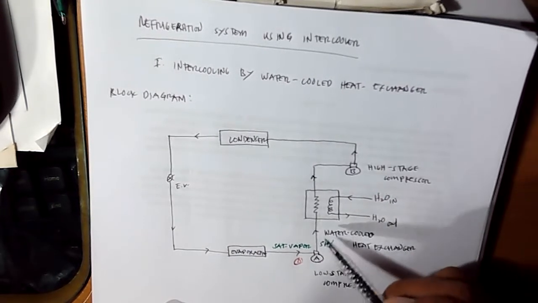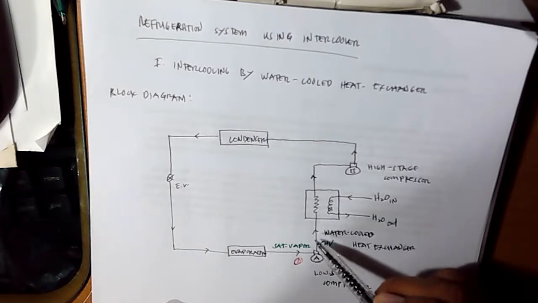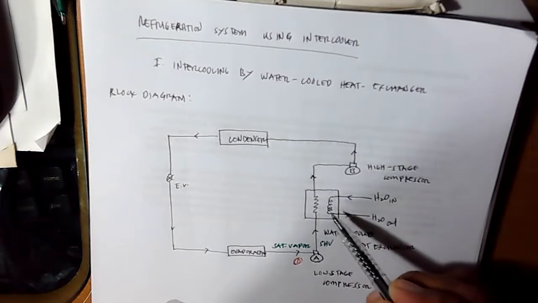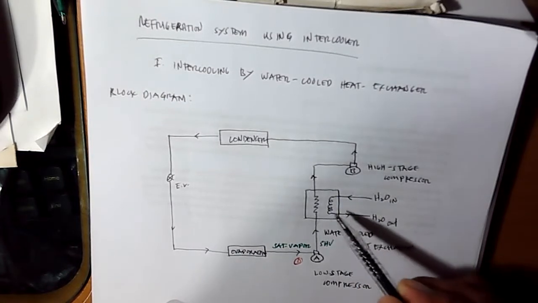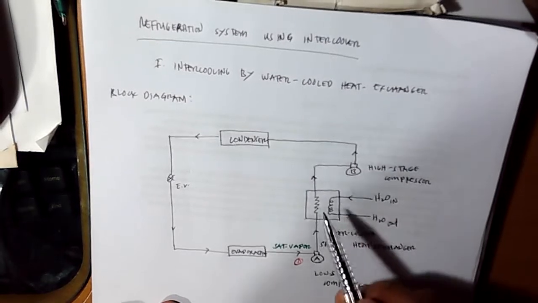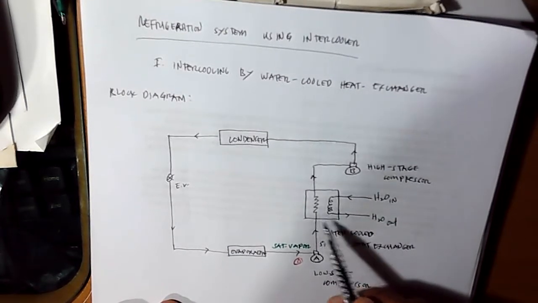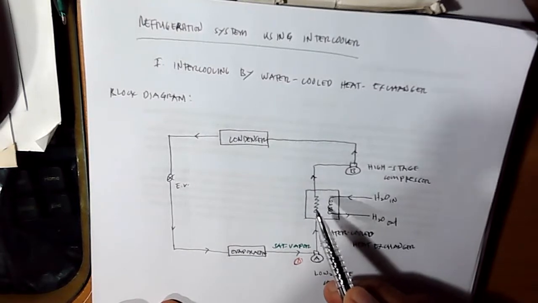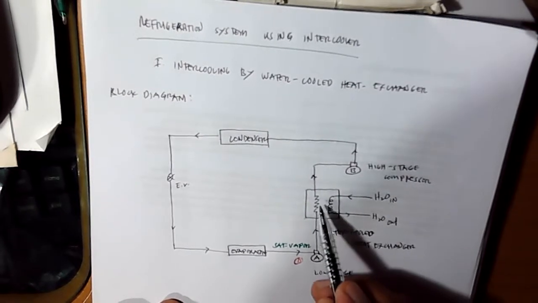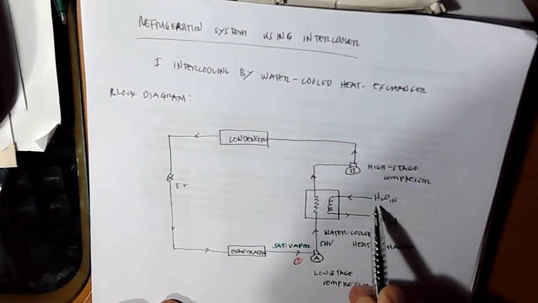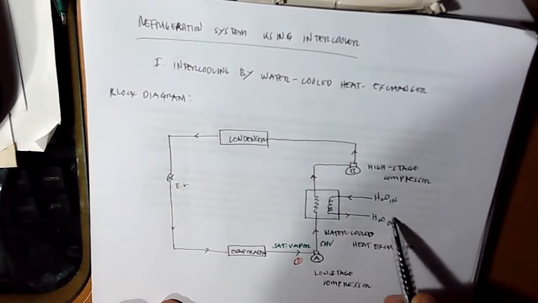This superheated vapor coming from compressor A enters a water-cooled exchanger, so that the refrigerant, which is in superheated vapor condition, rejects its heat and it is absorbed by the cooling water. This is the cooling water.